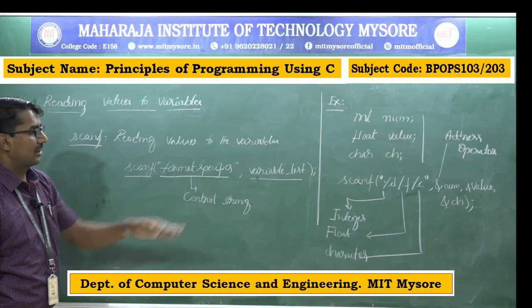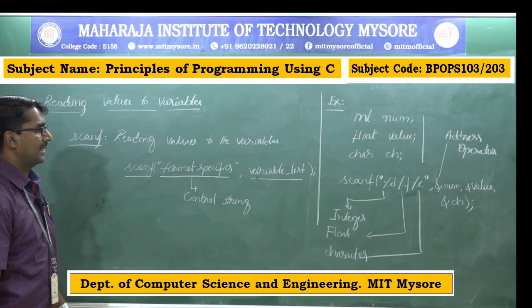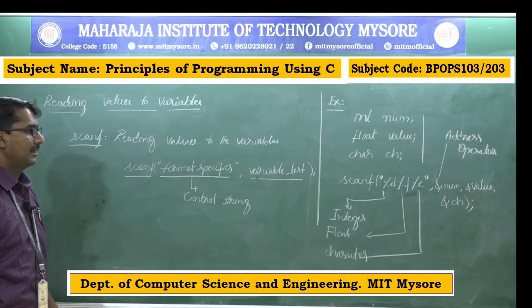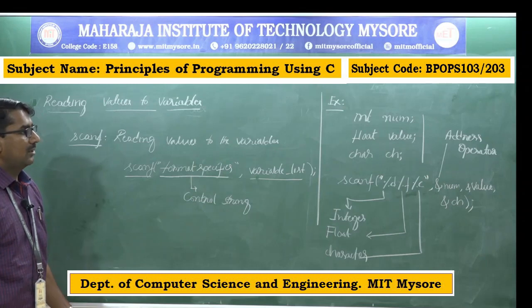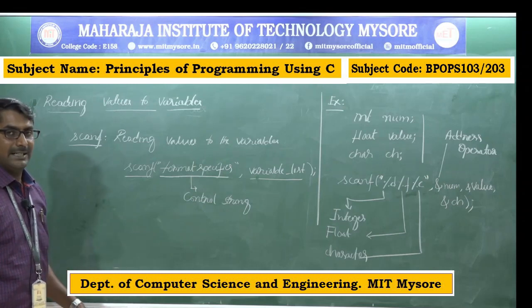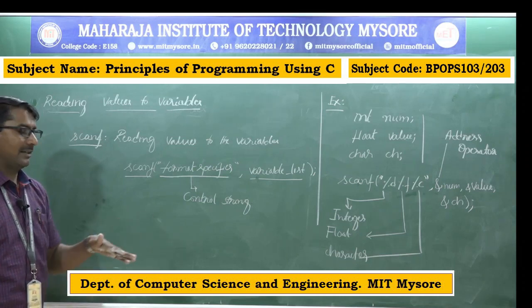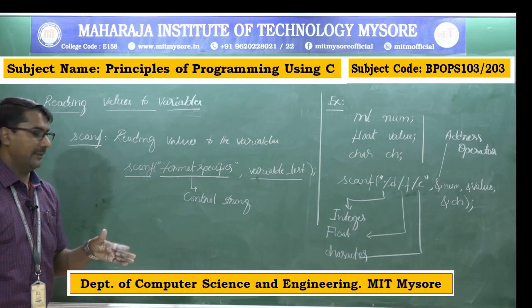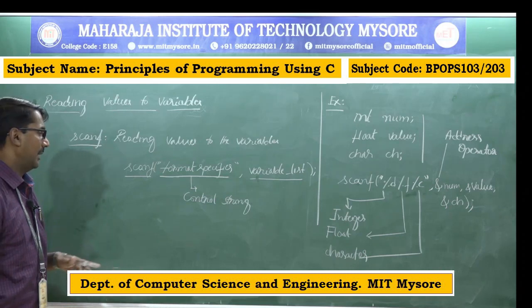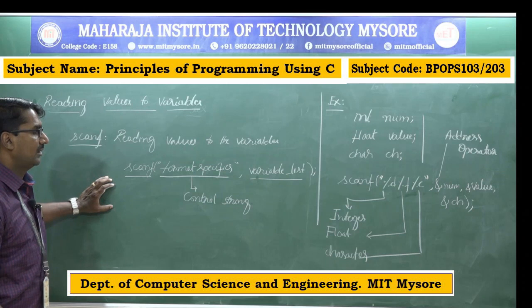So here we have used three different control strings: %d, %f, %c. Similarly, we have %s for string, %l for long integer. Like that, we have different control strings for different data types. Okay, this is about reading values to the variables.